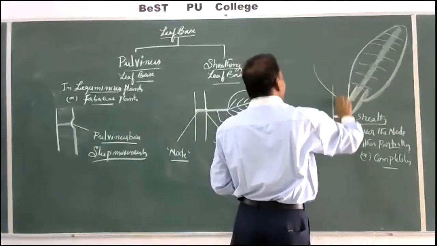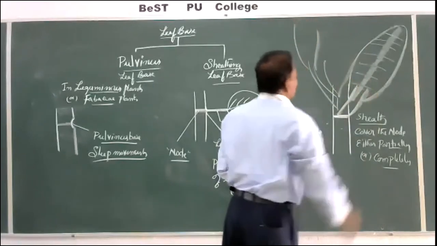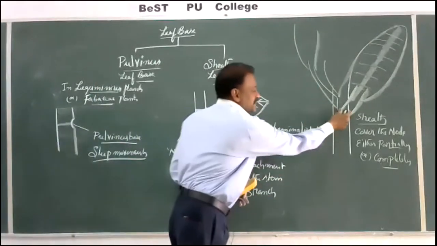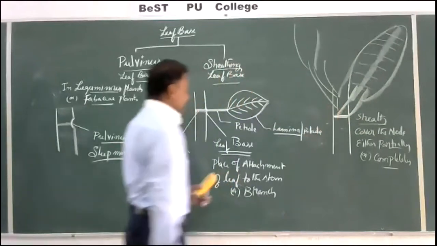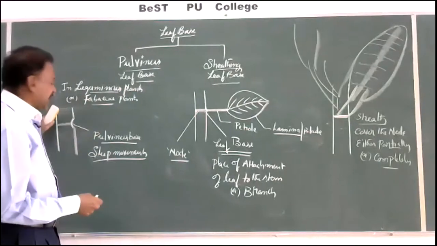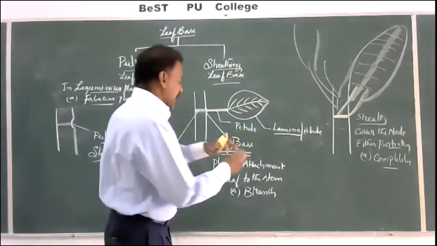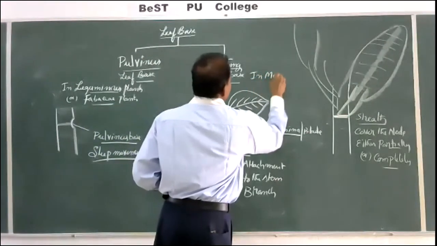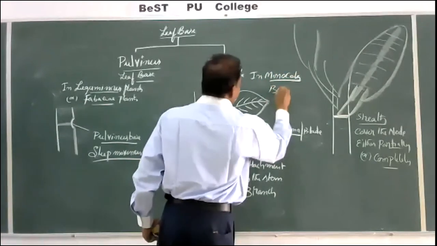Again another leaf, again another leaf. So how are banana leaves situated? This base is called sheathing leaf base. The difference now, are you able to collect the difference? Pulvinous leaf base in leguminous plants, sheathing leaf base in monocots like banana plants.